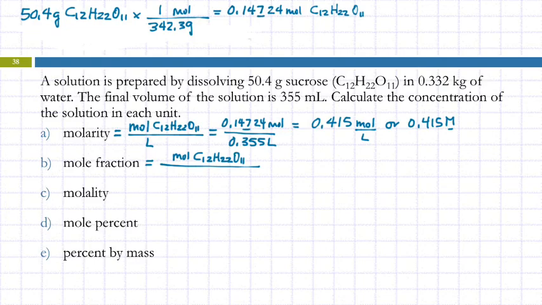There's water and there's sucrose. So we need the moles added together. So it's the moles of the solute plus the moles of the solvent, which is H2O. Okay? Well, this is convenient. We've already calculated the moles of sucrose. So we can plug that in.